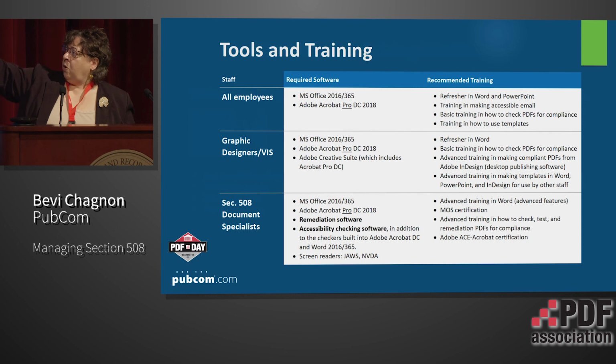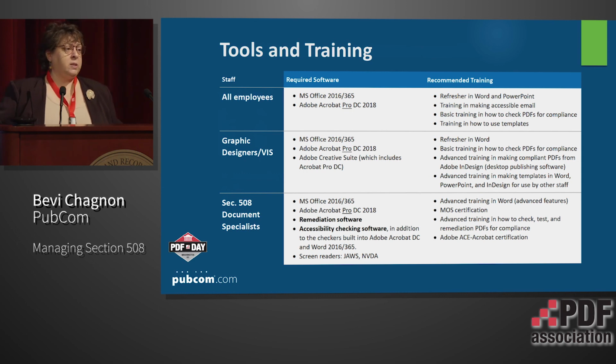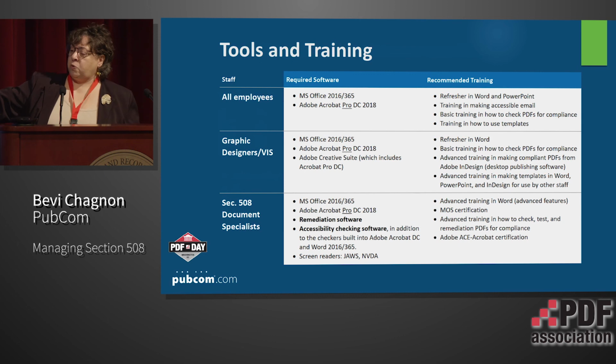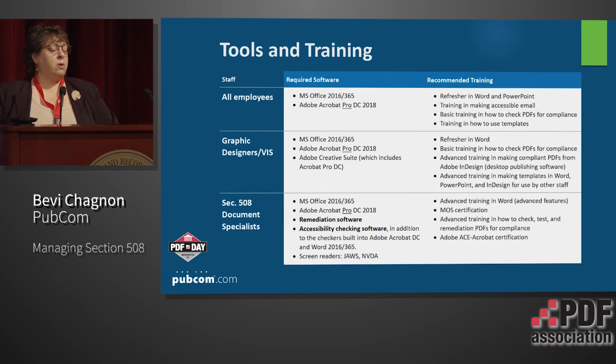Tools and training: everybody needs to have the refresher course in Microsoft Office and a quick refresher on what an accessible PDF looks like. Your graphic designers, your visual information specialists, need to have their InDesign training for accessibility. And then your document specialists are people who are going to go for higher training in this. They're going to know Word inside and out.